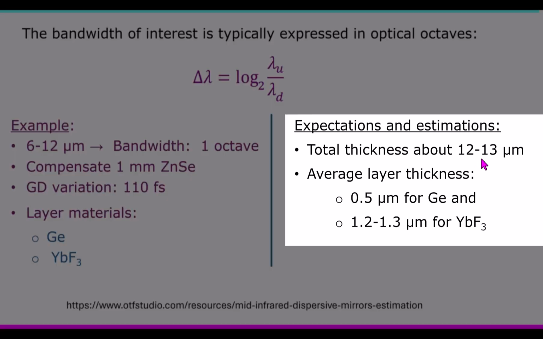These estimations predict that the total thickness expected is 12-13 micrometers, and average thicknesses of germanium layers are 0.5 micrometer, and for ytterbium fluoride 1.2-1.3 micrometer.